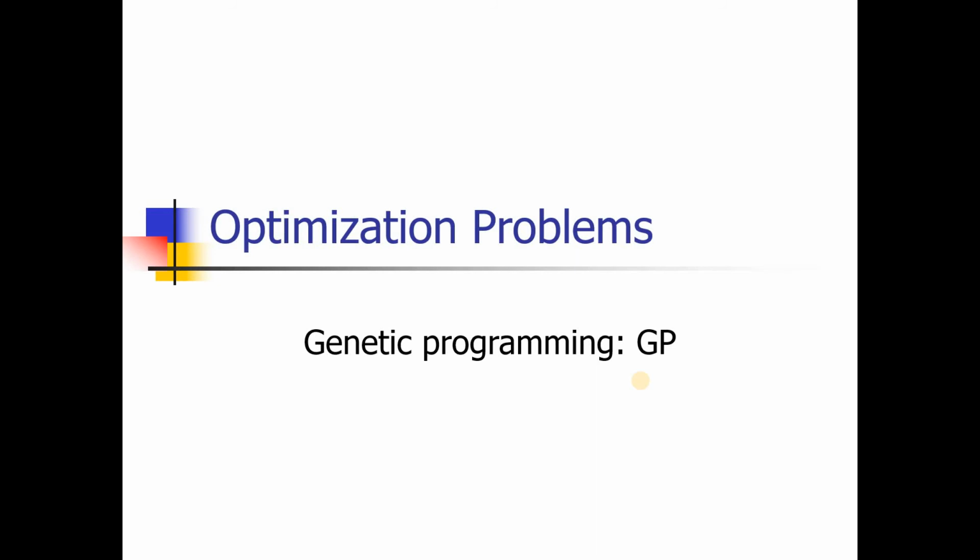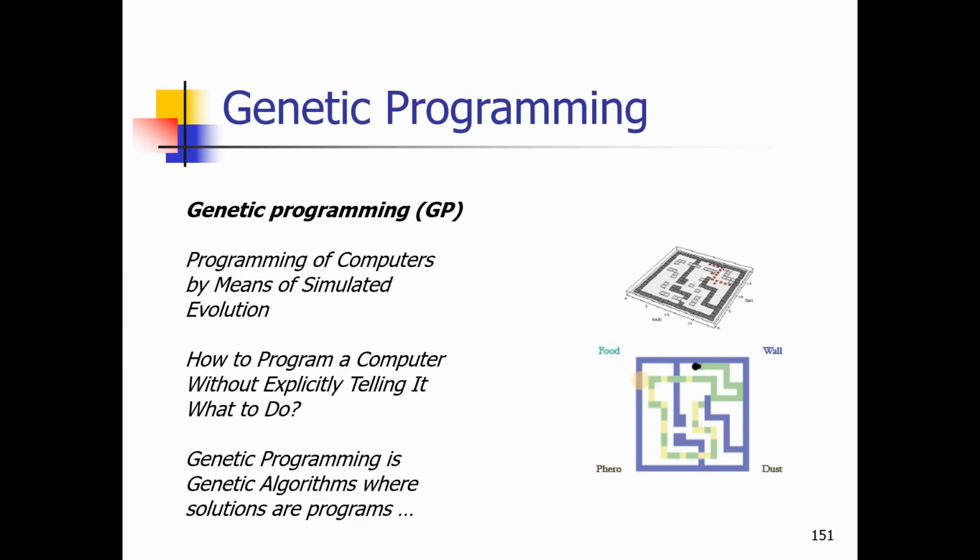Based on genetic algorithms, there is the concept of genetic programming. Genetic programming is basically the use of genetic algorithms, and we use those concepts to program computers by means of simulated evolution.